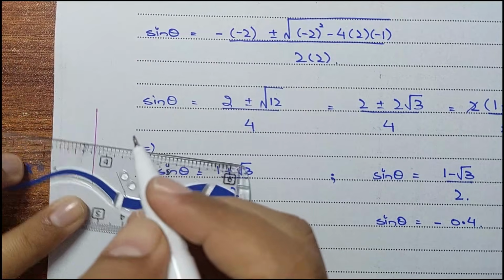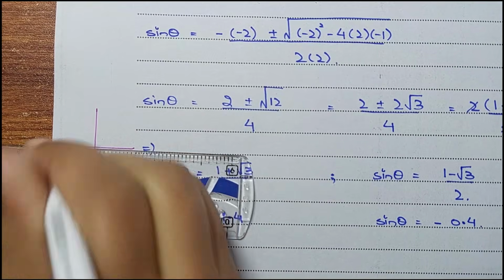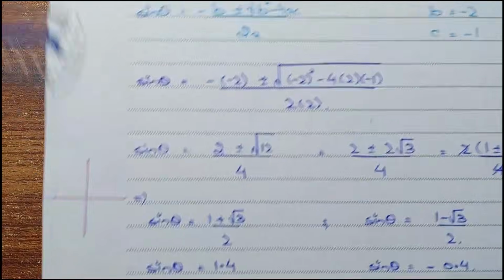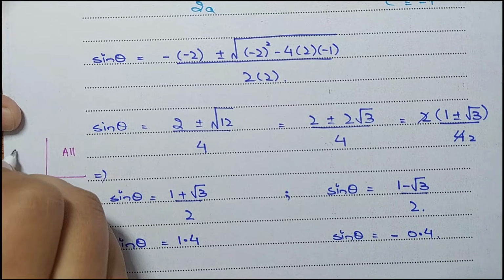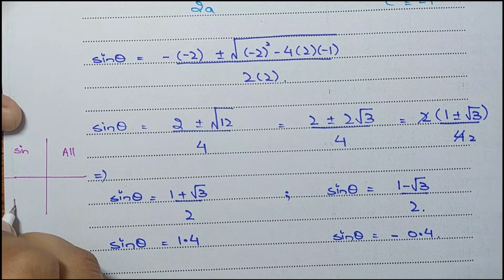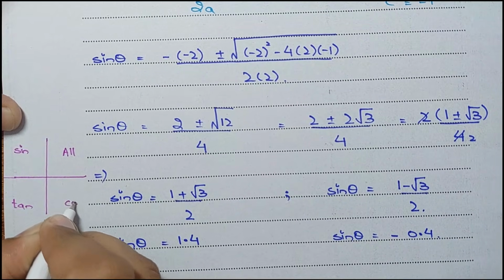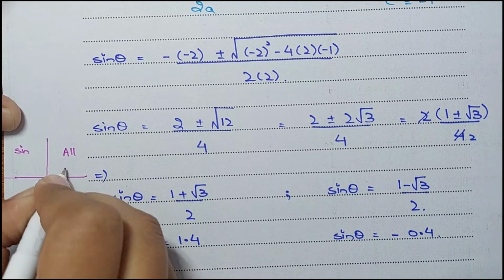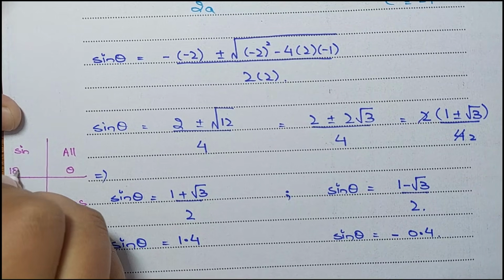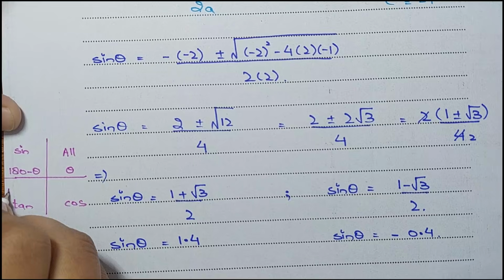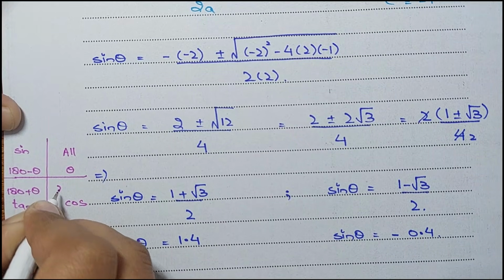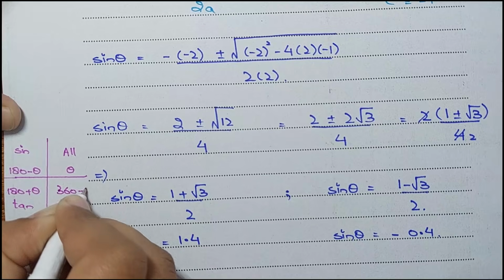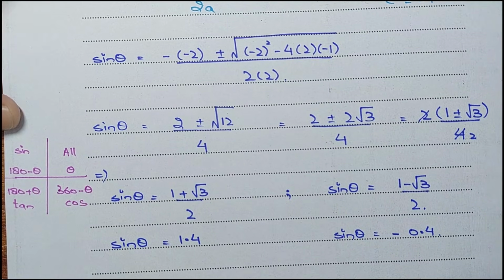According to the coordinate diagram, in the first quadrant all trigonometric ratios are positive. Here sine is positive, here tangent is positive, and here cos is positive. Here we take the base angle, here 180 minus the base angle, here 180 plus the base angle, and 360 minus the base angle.